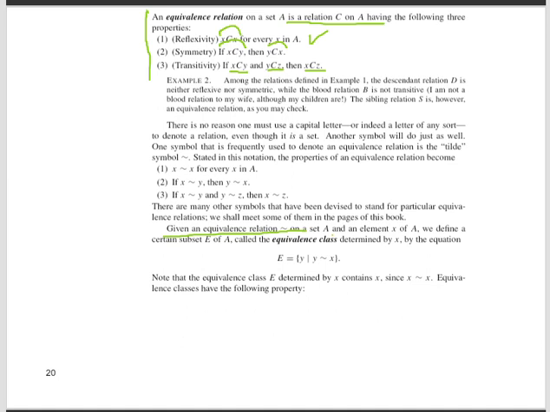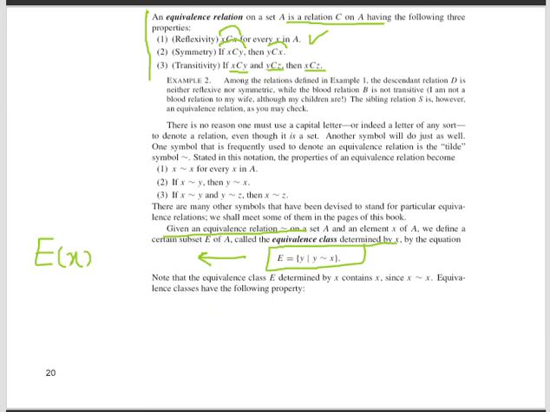Given an equivalence relation on a set R and an element x of R, we can define a subset of R called the equivalence class determined by x, by the equation: it is defined as the elements of R that are equivalent with x. This is the class for x.